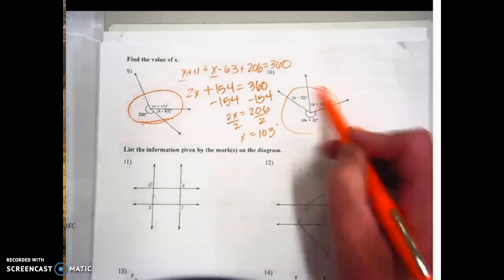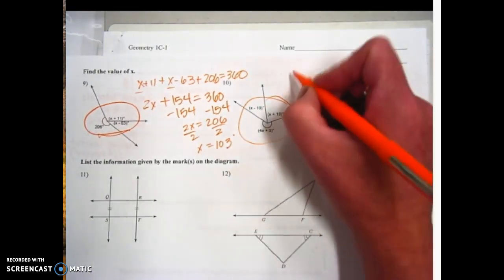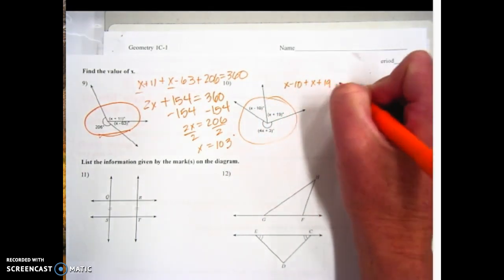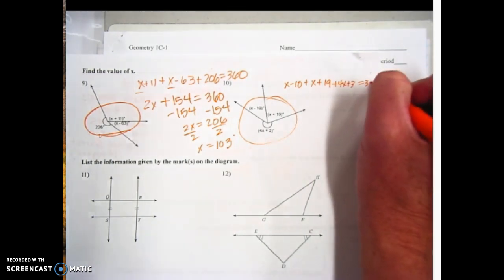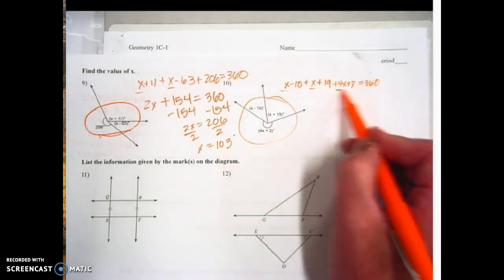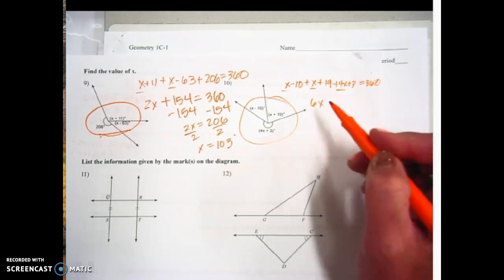Same thing with number 9. This one's going to add up to 360 as well because it makes a full circle here. So we've got x minus 10 plus x plus 19 plus 4x plus 3. All of those together equal 360. So on the left, we want to combine our like terms. So we've got x plus 4x, so 6x.